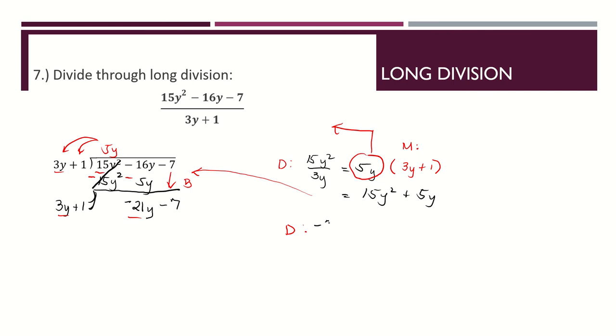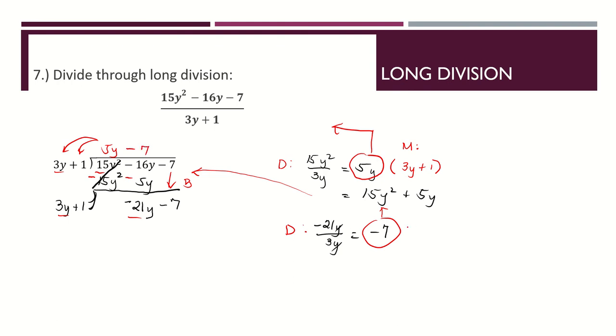So, negative 21y divided by 3y. Negative 21 divided by 3 is negative 7. Okay, cancel na to. Okay? And ang negative 7 will be written above. Sama ng 5y. No? So, negative 7. Okay.